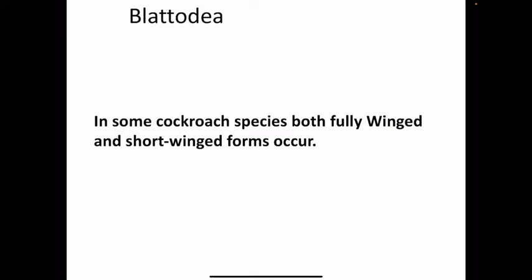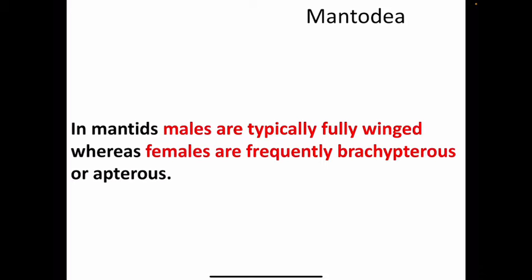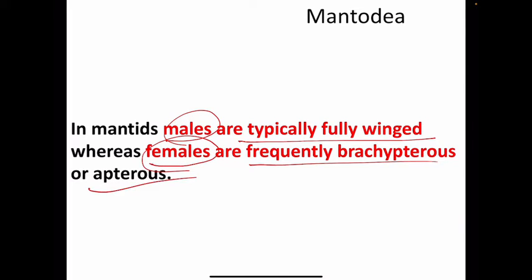But in general, in some cockroaches, both fully winged and short winged forms occur. In mantids, males usually have fully developed wings, and females are frequently brachypterous or apterous.